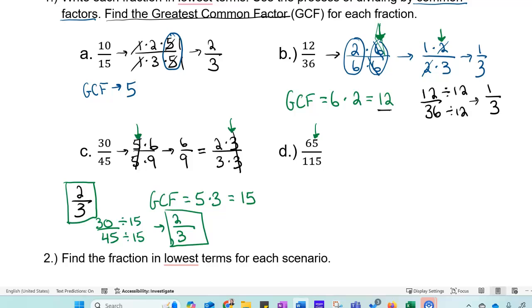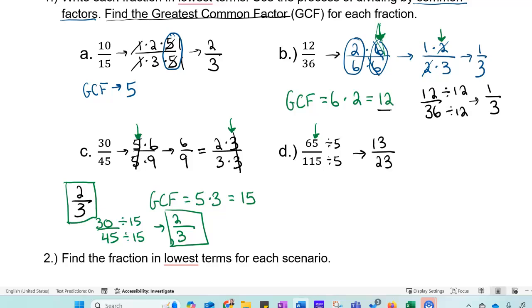I know 5 goes into it because 65 ends in a 5 and 115 also ends in 5. So I'm going to divide both of those. 65 divided by 5 is 13, and then 115 divided by 5 is 23.